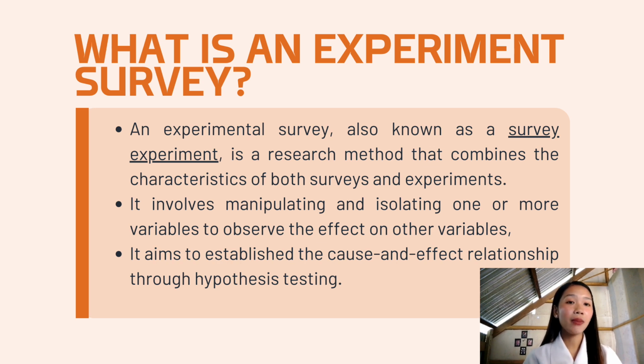This means by manipulating or isolating independent variables by controlling its environment, it can cause changes on the dependent variable. And by hypothesis testing, it will establish the effect of the manipulation or the isolation of the variable.